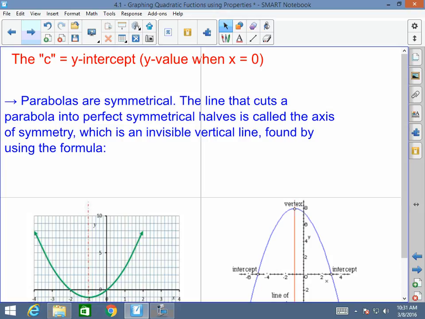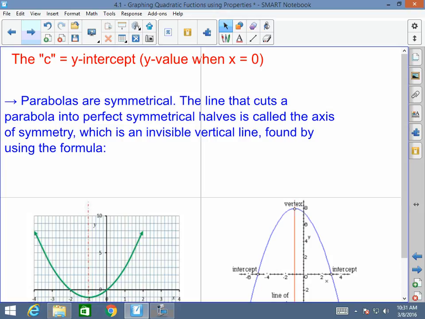And the line that cuts the parabola into perfect symmetrical halves is called the axis of symmetry, which is an invisible vertical line. It is not technically part of the graph. We're going to use it in every graph we ever do, because I'm going to show you it's a real easy way to get extra points. Not extra points for the test grade, but extra ordered pairs for your graph, okay?